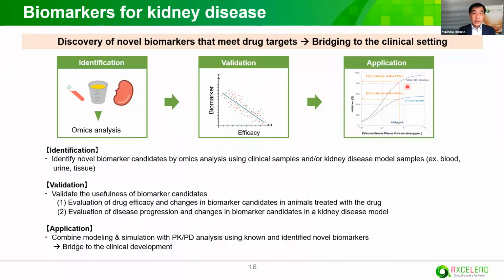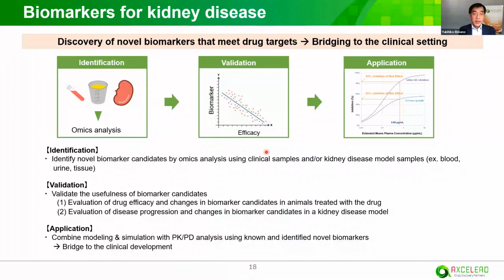In this slide, I would like to touch a little bit on biomarkers. We actually use several materials like blood samples and organ biopsy samples. We use omics analysis. We can find candidates for novel biomarkers.